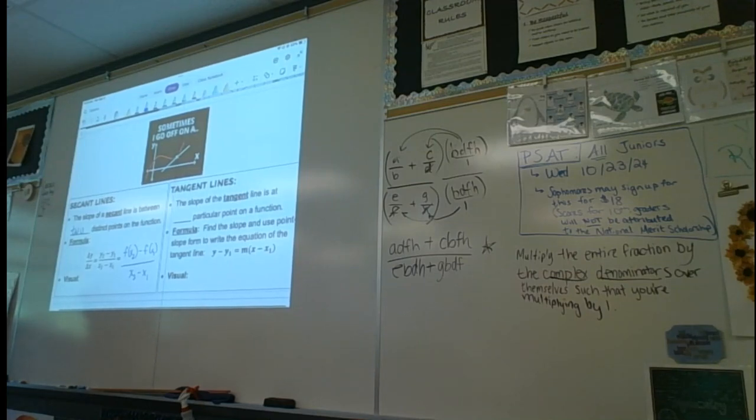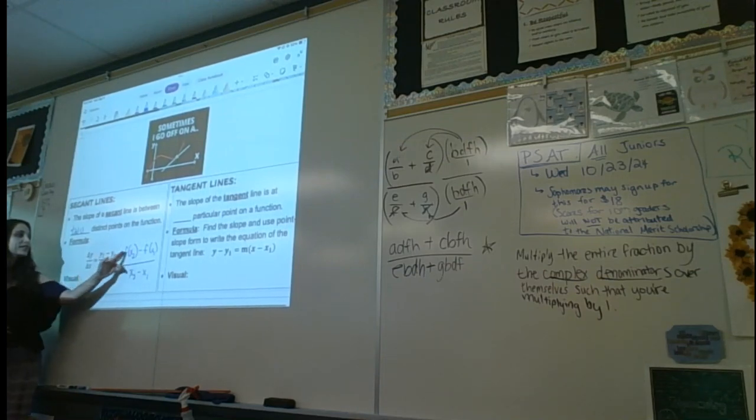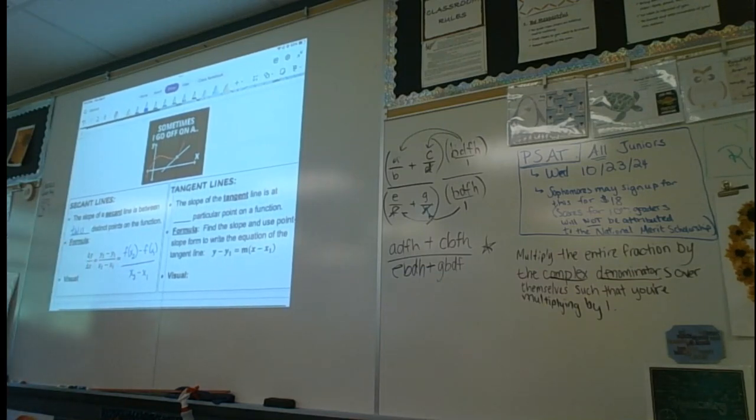Do you guys recognize that this is saying the same thing? f of x is the same thing as y. So when you plug x sub 2 into this one and x sub 1 into this one, you get your corresponding y values, y2 and y1. Okay? So just know that.